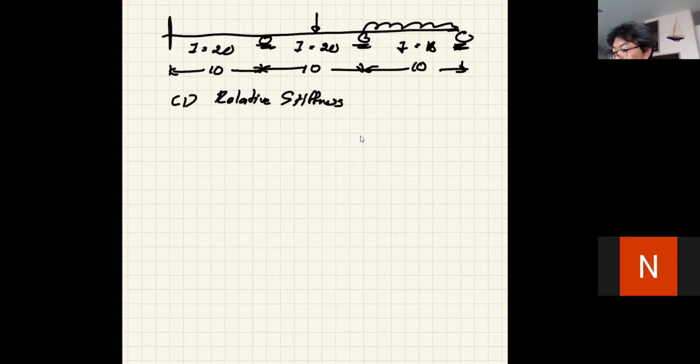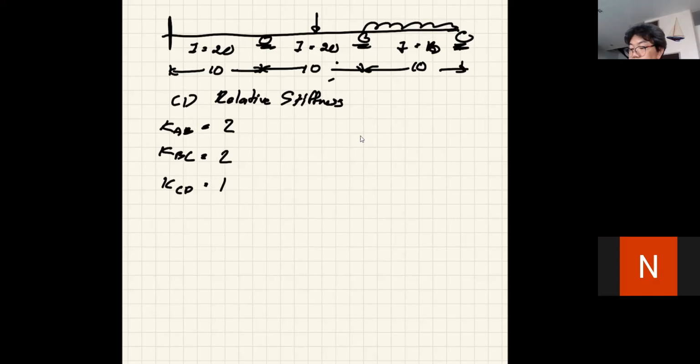Okay, so your KAB is just 20 divided by 10, right? Very convenient, it's 2. KBC is also 20 over 10, so it's 2. And K of member CD is 10 over 10. Sorry, that's I equals 10, but you know that, right?